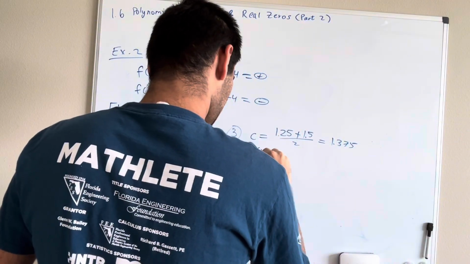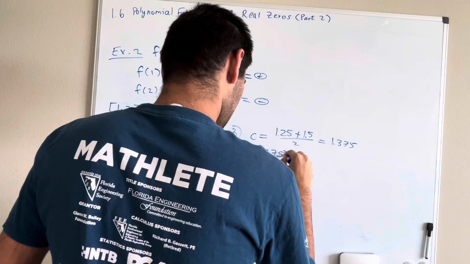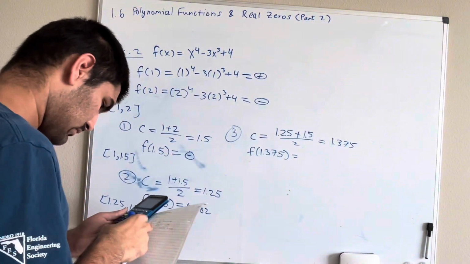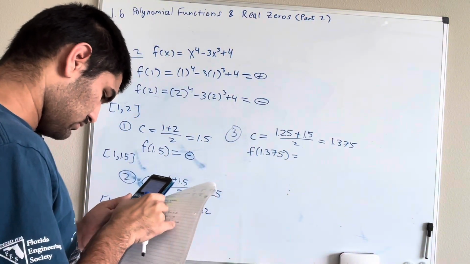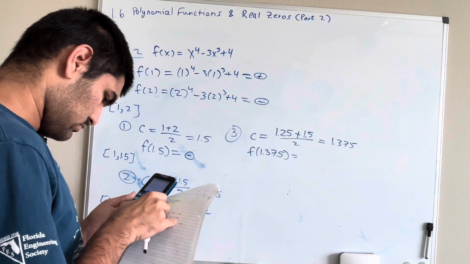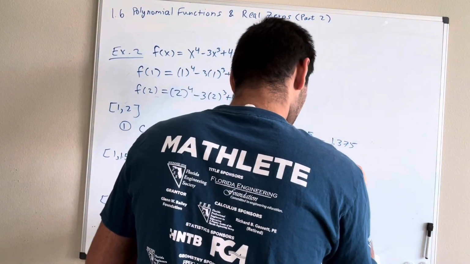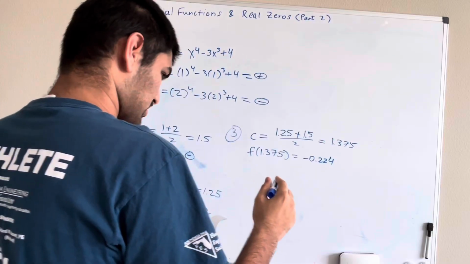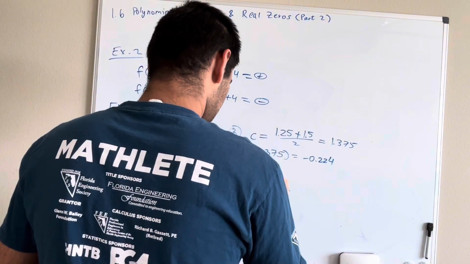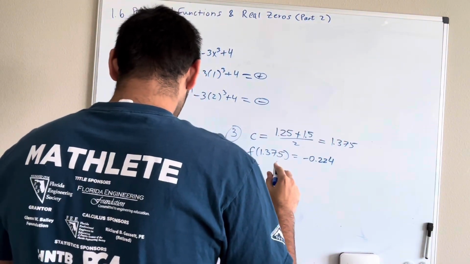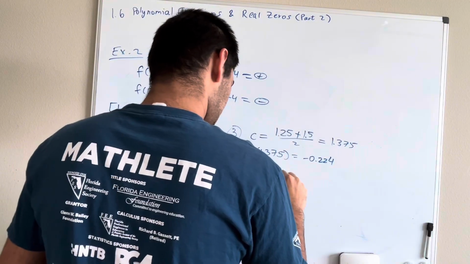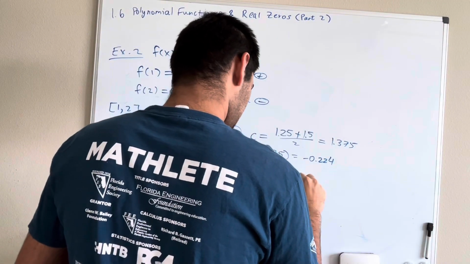And if you find f of 1.375, this is equal to, you get negative 0.224 approximately, and so our interval becomes from 1.25 until 1.375.